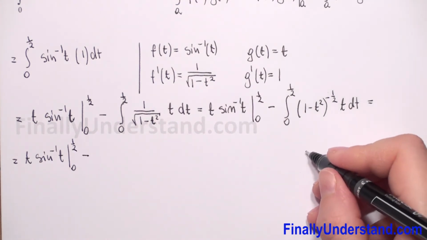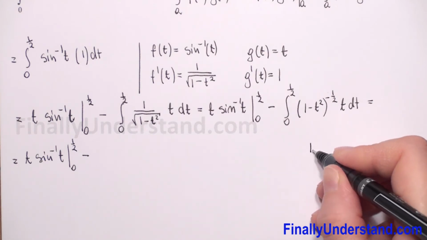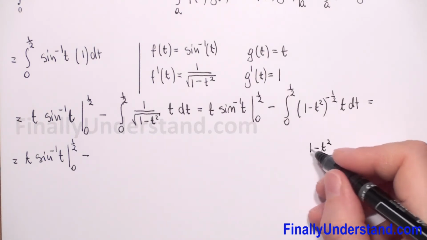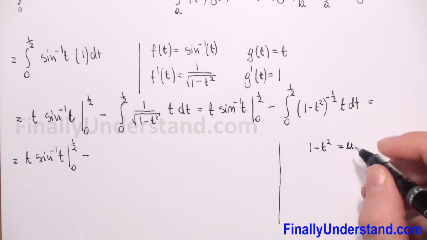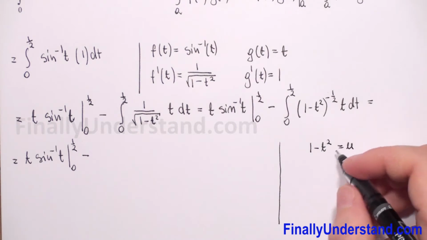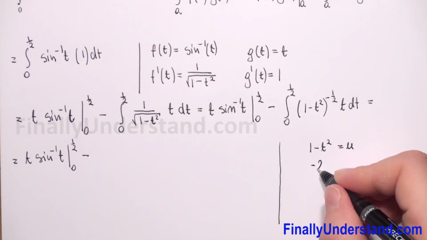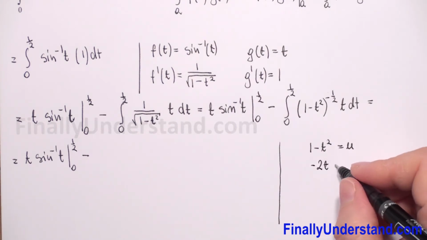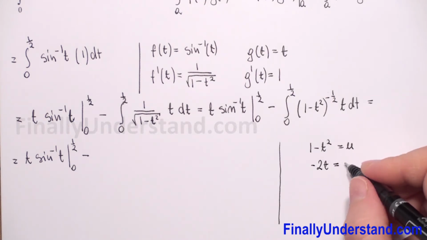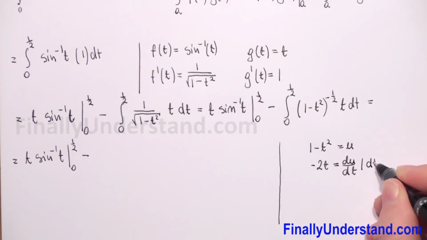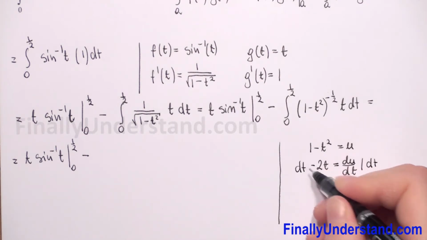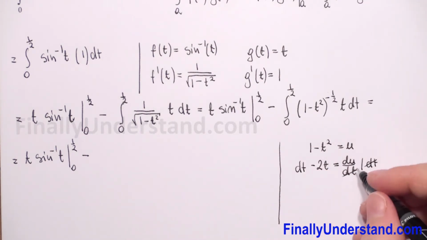So let me put that our 1 minus t square is equal to u. Now we have to calculate the derivative of both sides. So negative 2t is equal to du with respect to t. We multiply both sides by dt, because when we use substitution we have to find du.